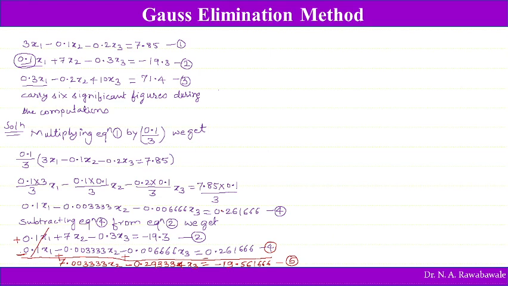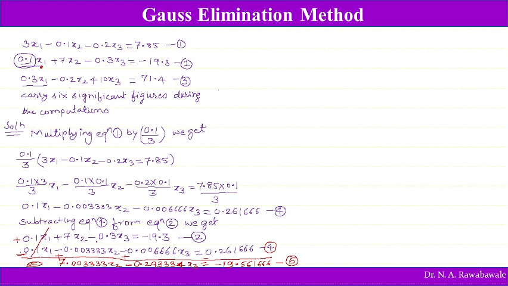So what we did is, in place of equation number 2, now equation number 5 is replaced. In this equation number 5, this term x1 is disappearing. The x1 term is not going to be there. Our aim was to reduce this x1 to 0, so we have reduced it to 0.